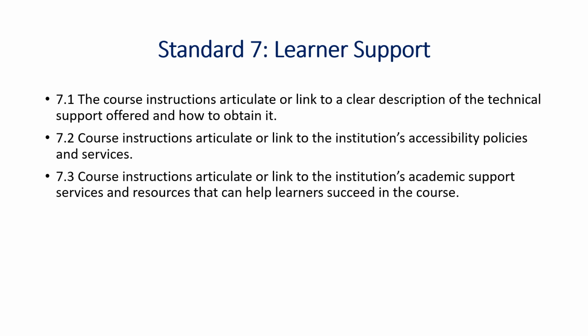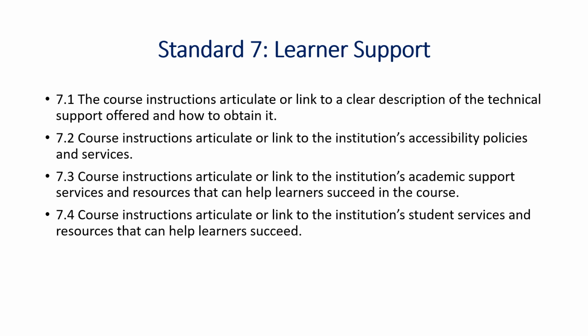Course instructions articulate or link to the institution's academic support services and resources that can help learners succeed in the course. And course instructions should articulate or link to the institution's student services and resources that can help learners succeed. So tutorials and anything that will help a learner succeed should be linked or explained in the course.